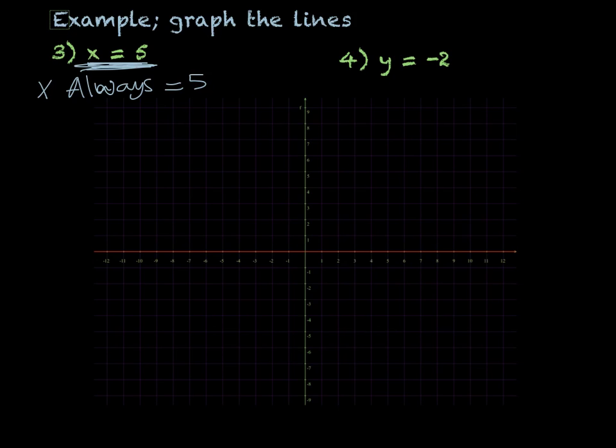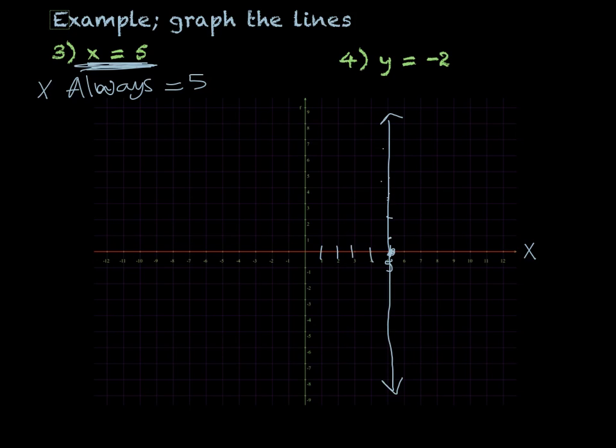Okay, so I need to find where does x equal 5. Well, my x is 5 right here, and 5 right here. x is always 5 as we go up and down. So that line right there tells us that x is equal to 5.